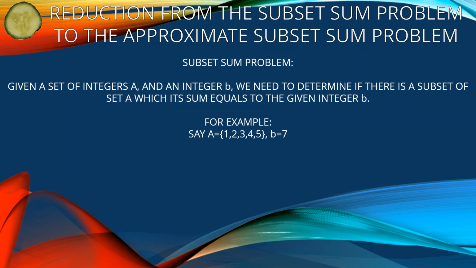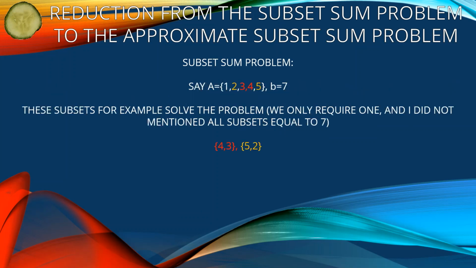Alrighty. Subset sum problem. Given a set of integers A and an integer b, we need to determine if there is a subset of set A whose sum equals the given integer b. For example, say A equals 1, 2, 3, 4, and 5 and b equals 7. These subsets, for example, solve the problem. We only require one.